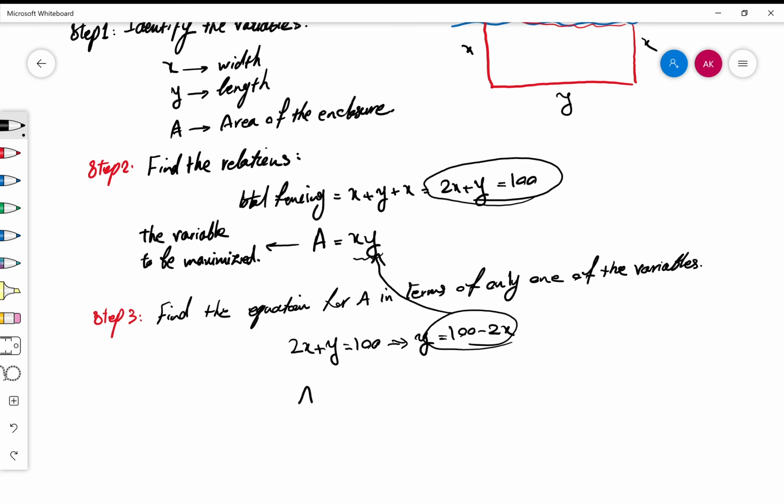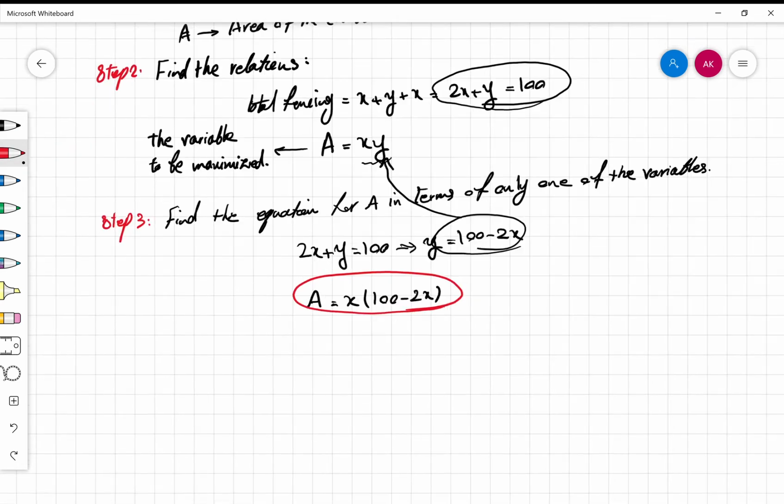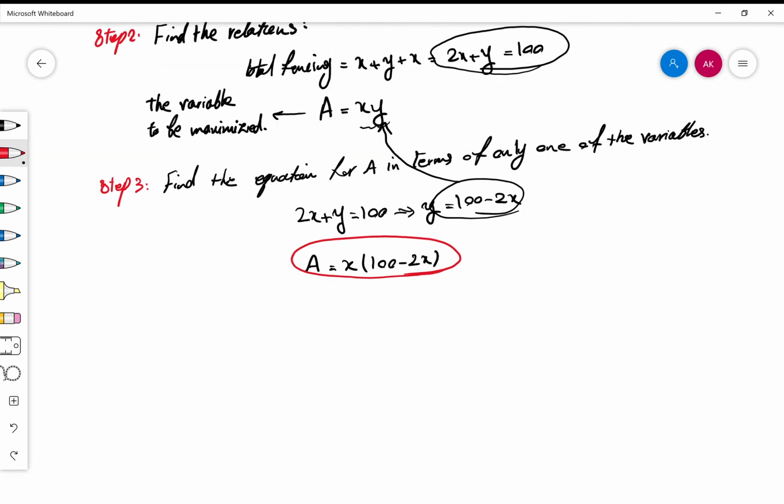So A is going to be x times (100 minus 2x). This is the function to be maximized. That's the main thing. But our modeling is not done unless we find all the possible values.